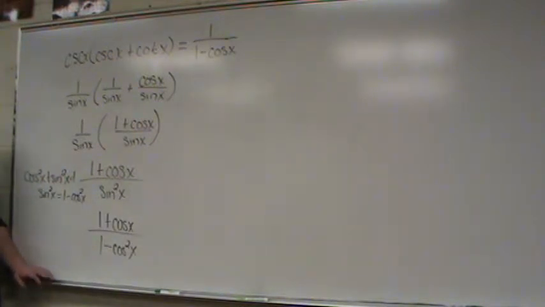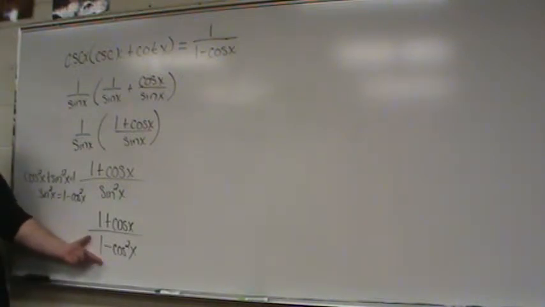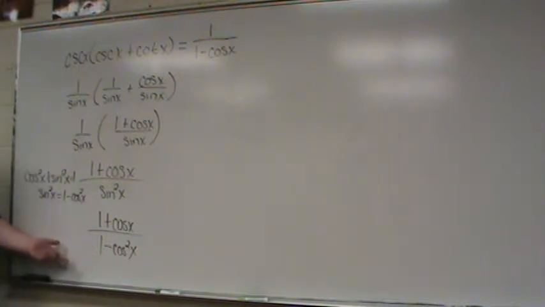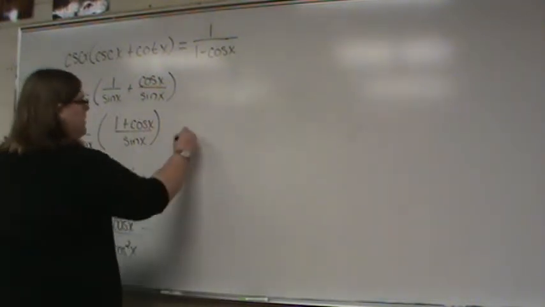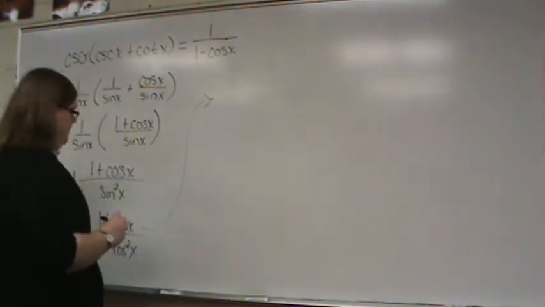So over here, I heard what you guys were saying. We need to factor that bottom. What is that bottom? 1 minus cosine x times 1 plus cosine x. So it's a difference of perfect squares again? Yeah. I'm running out of room, so I'm just going to continue right here.